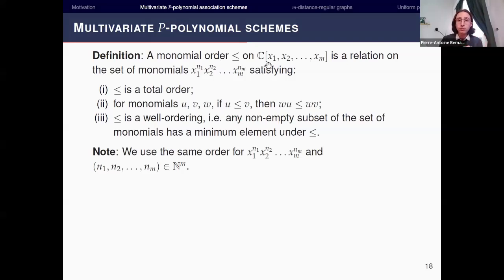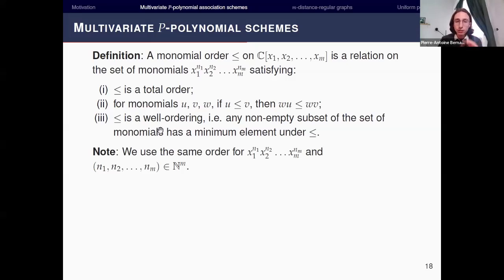So a monomial order is just a total order on the set of monomials, such that if you have two monomials u and v, and you multiply each of them by w, if u was smaller than v, then wu is still smaller than wv. So the multiplication by w preserves the ordering.